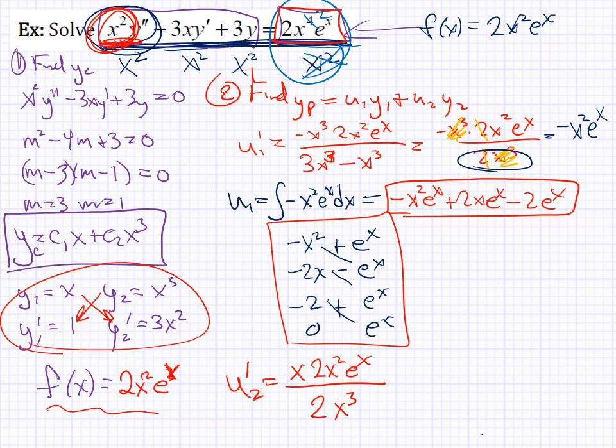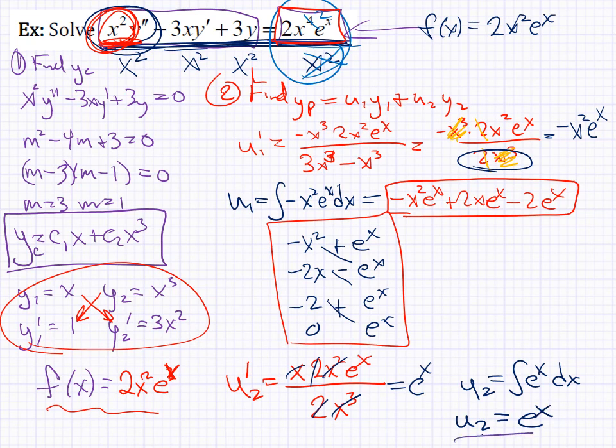And so you're going to get this 2 and this 2, this x cubed and this x cubed to cancel. You're just going to get e to the x. So then u2 is very easy to find. It's the integral of e to the x dx. So u2 is just e to the x. All right, so now we have u2, we have u1, we build our y sub p by doing u1y1 plus u2y2.